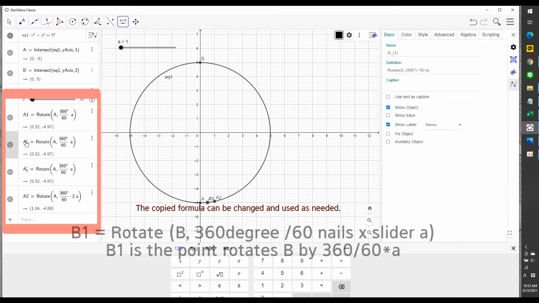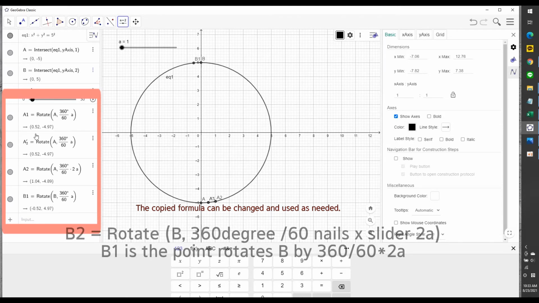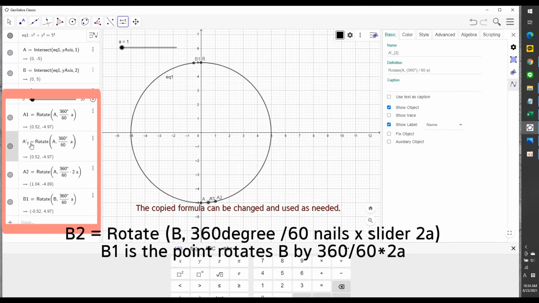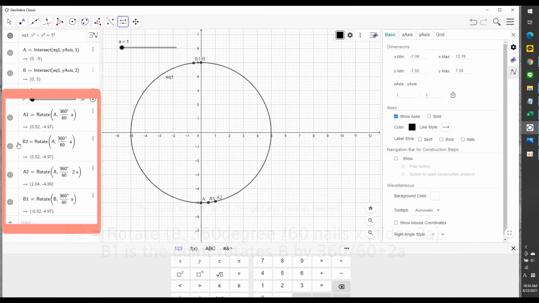Then enter B1: rotate B by 360 degrees divided by 60 nails multiplied by a. And B2: rotate B by 360 degrees divided by 60 multiplied by 2a.